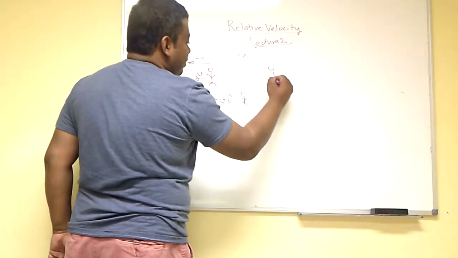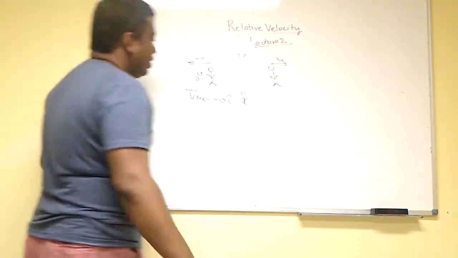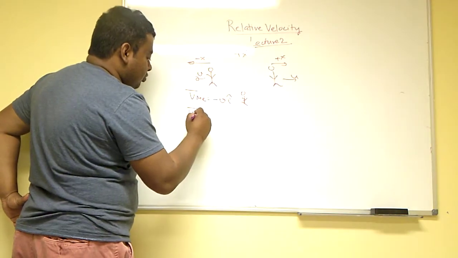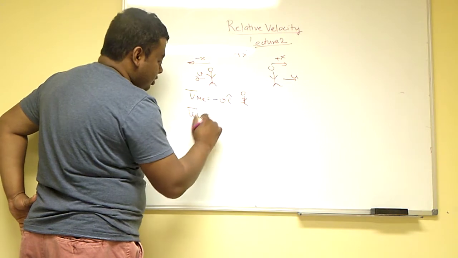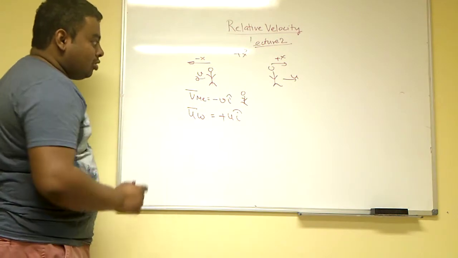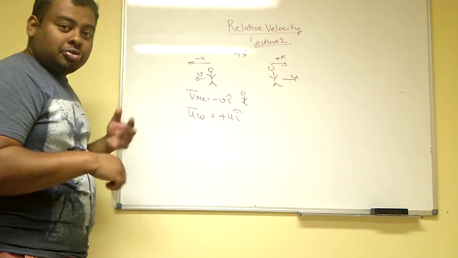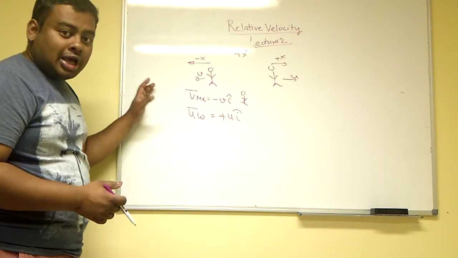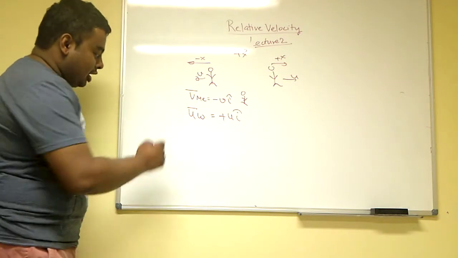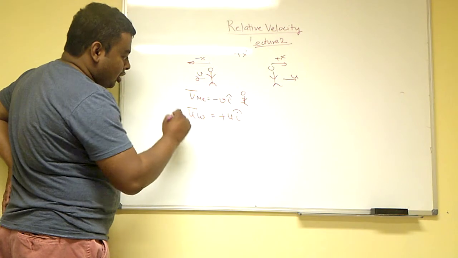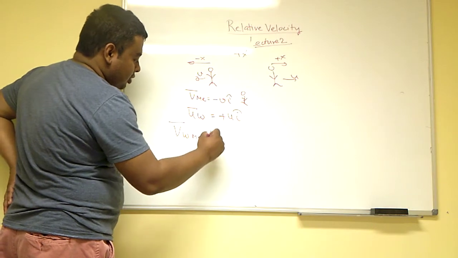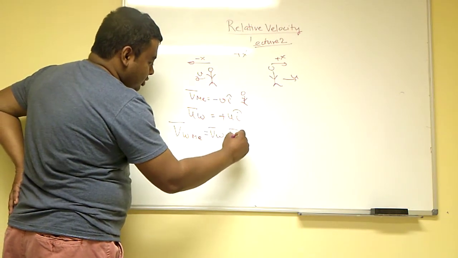And my wife, on the other hand, is moving in the positive x direction at a velocity of u. So the velocity of wife is positive u i cap. Now according to the concept which we just described mathematically, the velocity of wife with respect to me will be velocity of wife minus velocity of me.